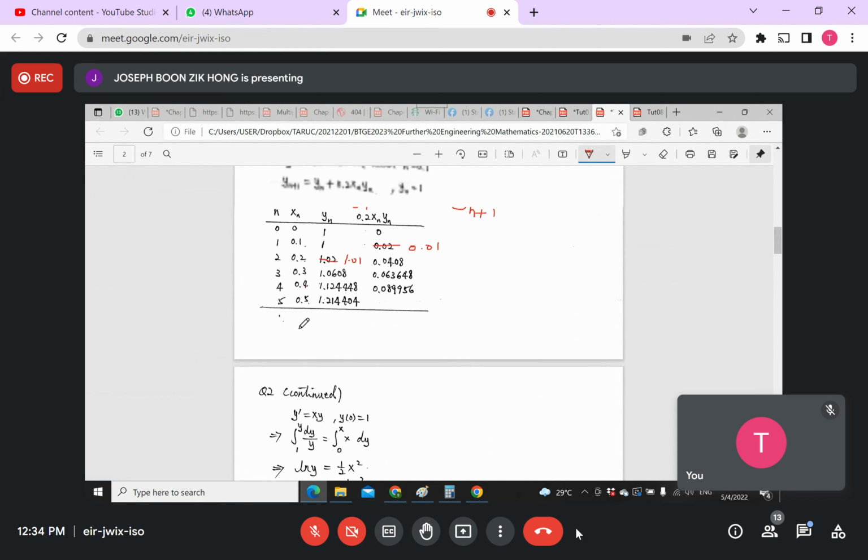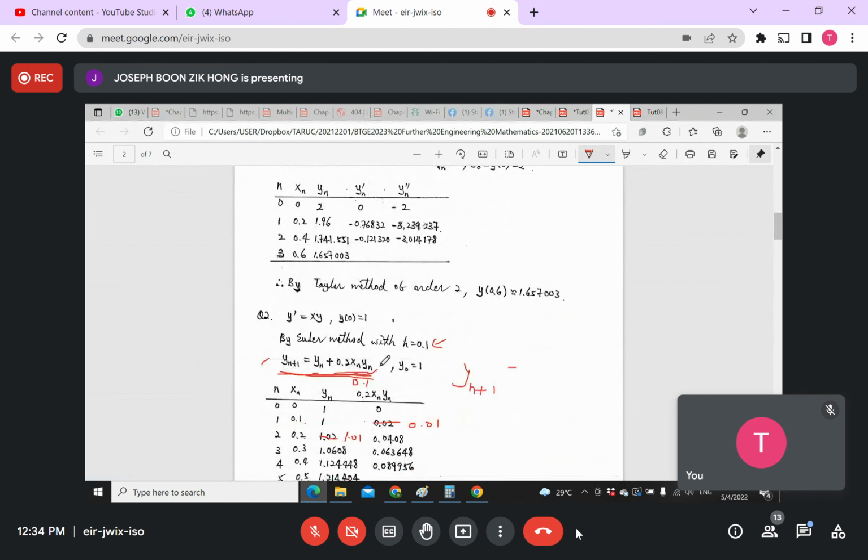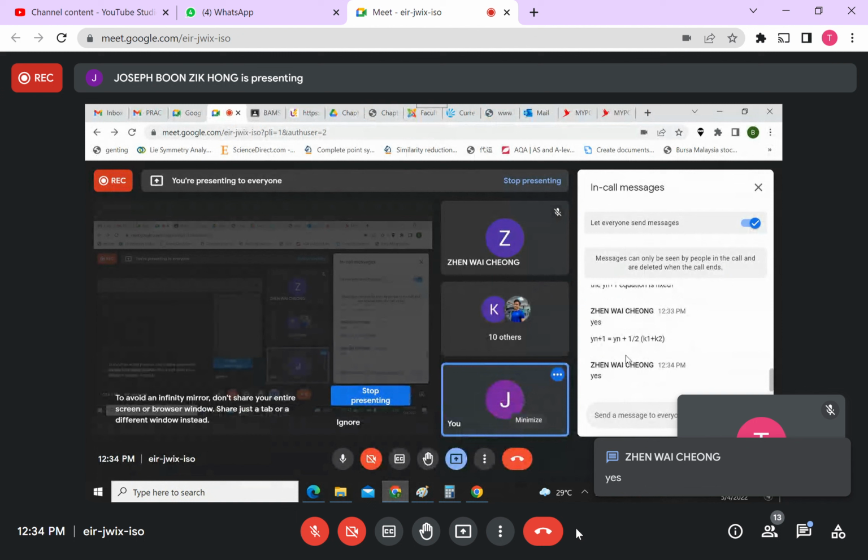For Euler method, it's not necessarily this formula; it depends on the question. Am I answering your question? Okay, so I proceed.